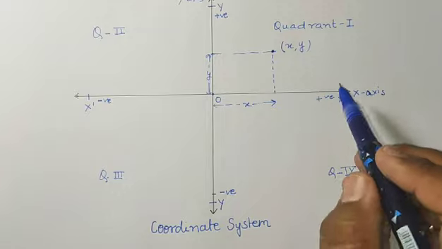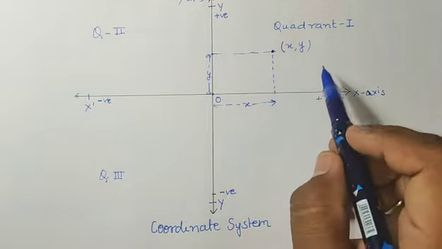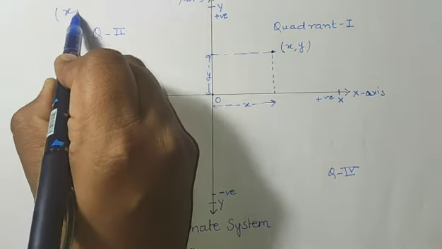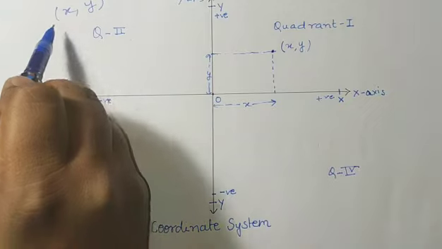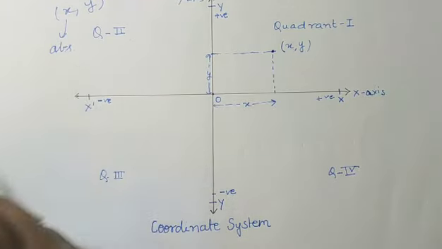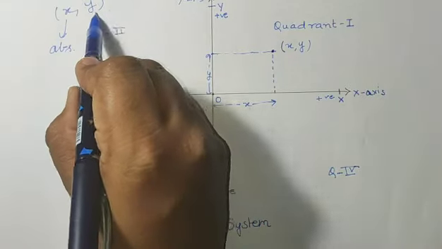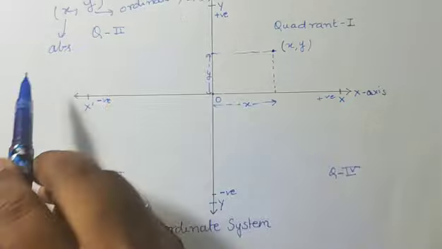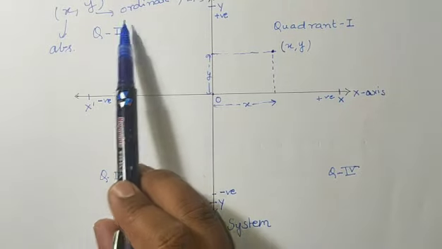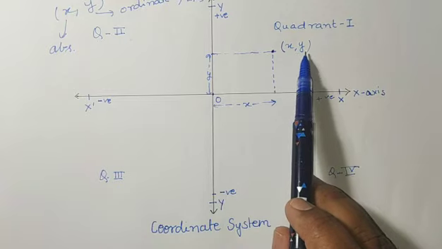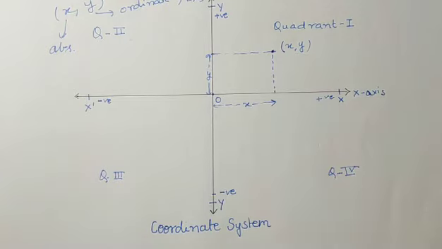So like this we find the coordinate of any point. Now in this x comma y, this x is known as the abscissa and this y is the ordinate. So here abscissa is x and ordinate is y.